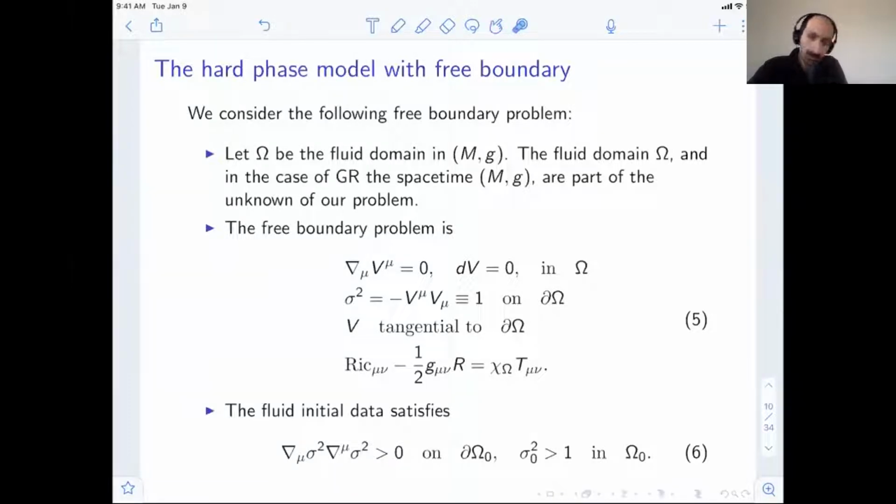The meaning of this is essentially that if you write it again in terms of the pressure, as you go inside the fluid, the pressure increases. I'll come back and say something about the significance of that. And of course, I didn't write, but if you're coupling to Einstein, then constraints have to be satisfied also. Okay, so those are the equations in the case of hard phase and the boundary values.